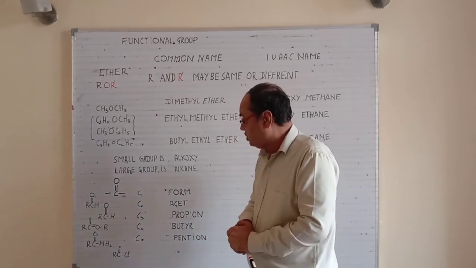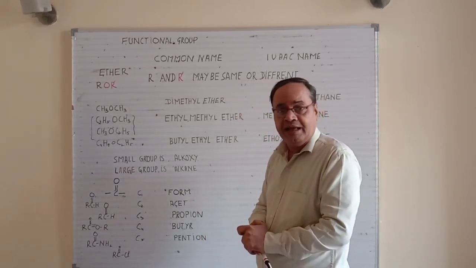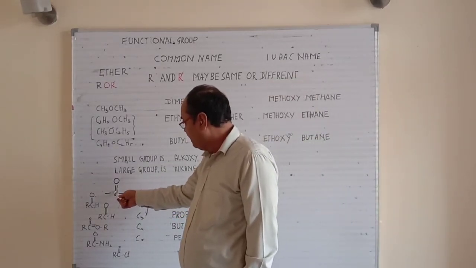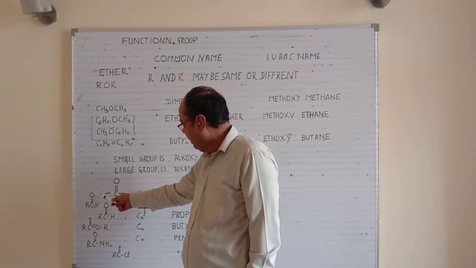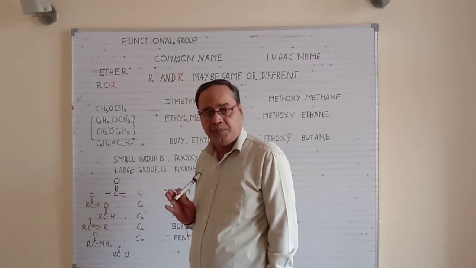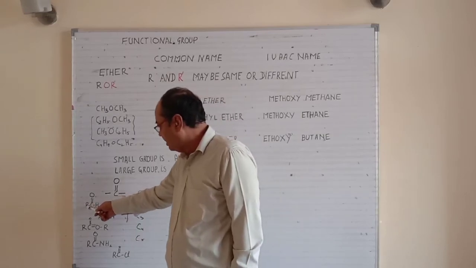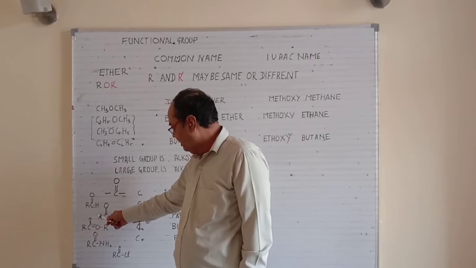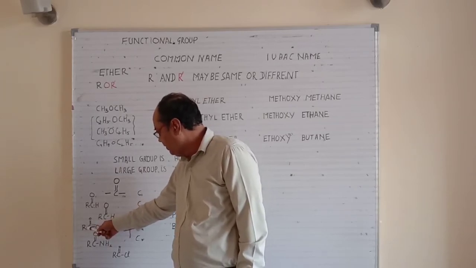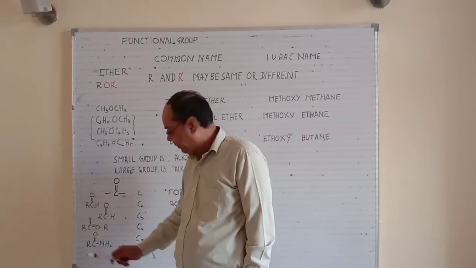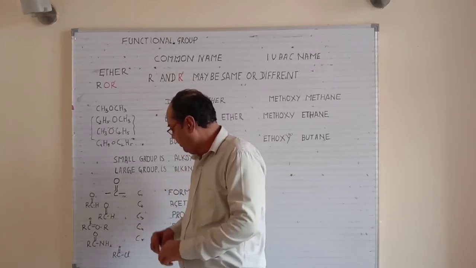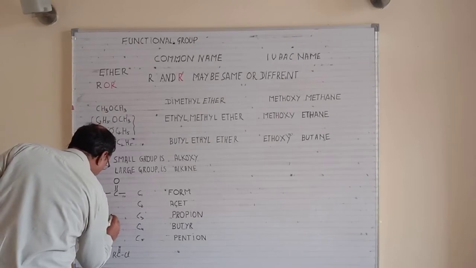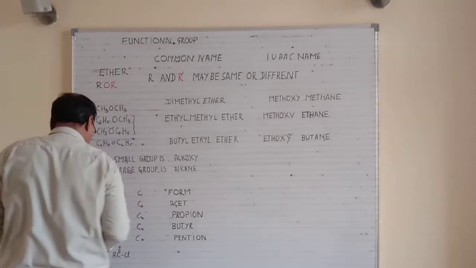Now here we have certain groups in which the common name has a different pattern. That means when C has a double bond to O and both sides have certain groups, like we have RCHO, this carbon has a double bond with O, R and H. Like RCOOR, RCONH2, and COOH.